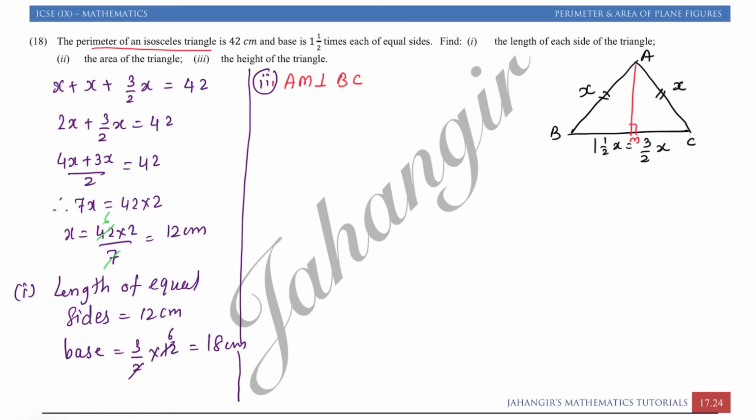Such that BM is equal to CM is equal to 18 by 2, that is 9 centimeter. So this we have 9 centimeter, length is 12 centimeter. So let's see what we are getting as height. So let us use Pythagoras theorem. In triangle AMB, AB square, that is 12 square, is equal to 9 square plus h square. This is Pythagoras.